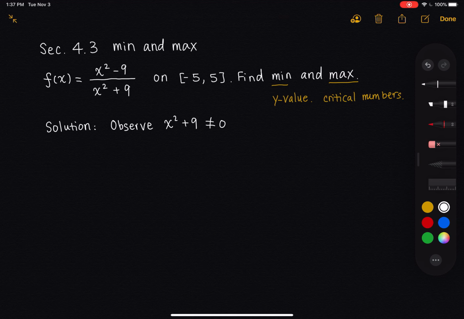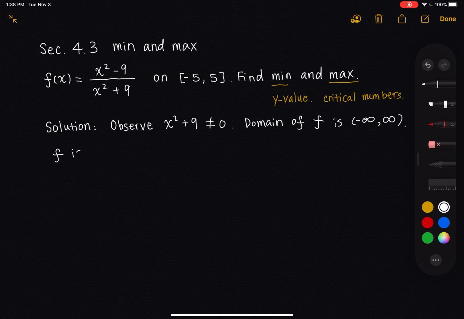That means f is defined. So the domain of f is -infinity to infinity. And the function that is given to us, in particular a rational function, is always continuous on its domain.